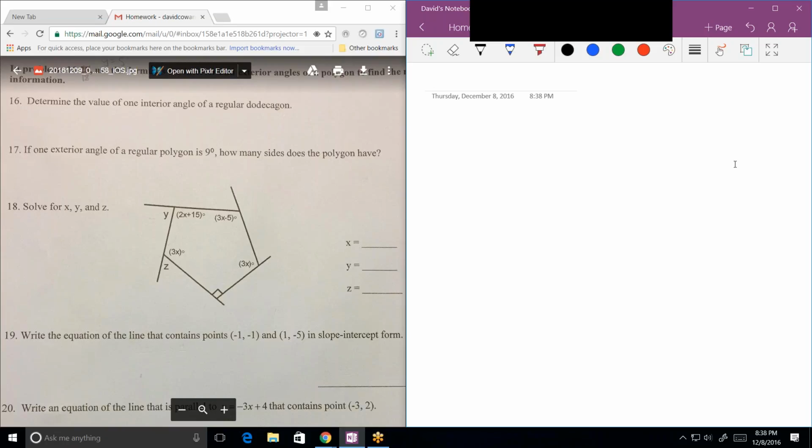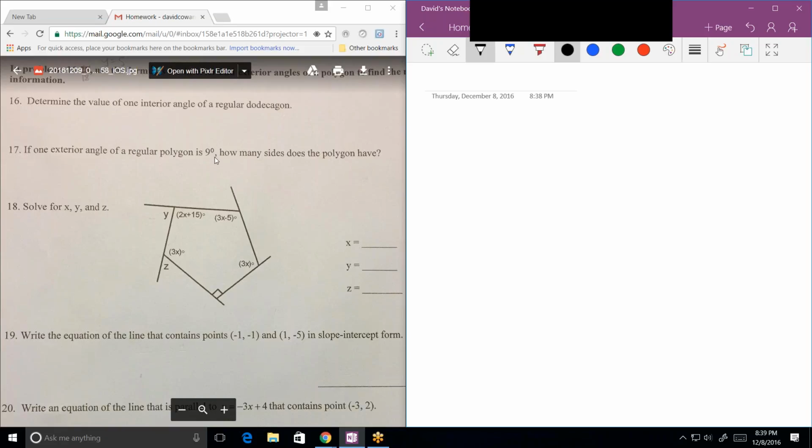So I could have a 100-sided figure, and if I added up all of the exterior angles, they would total 360. Or I could have a triangle, and if I add up these three exterior angles, they add to 360. So it doesn't matter how many sides it has, they're always going to add to 360.